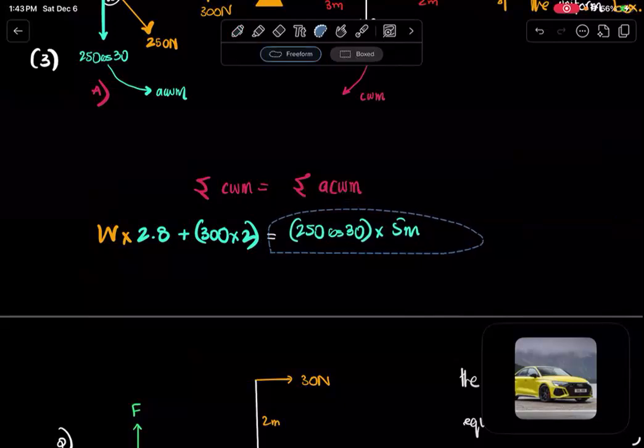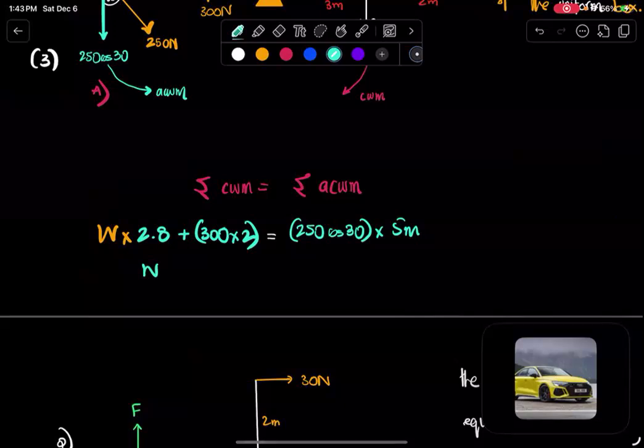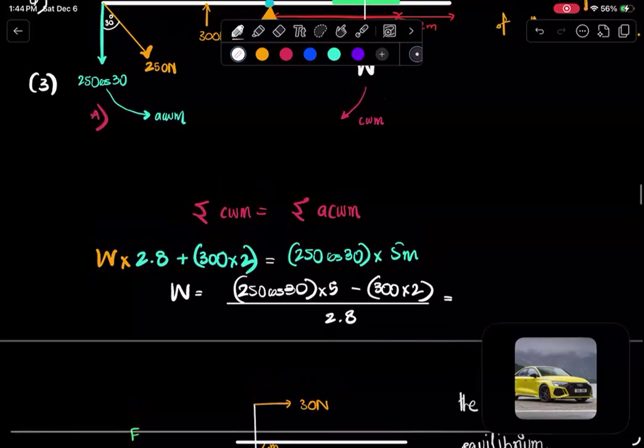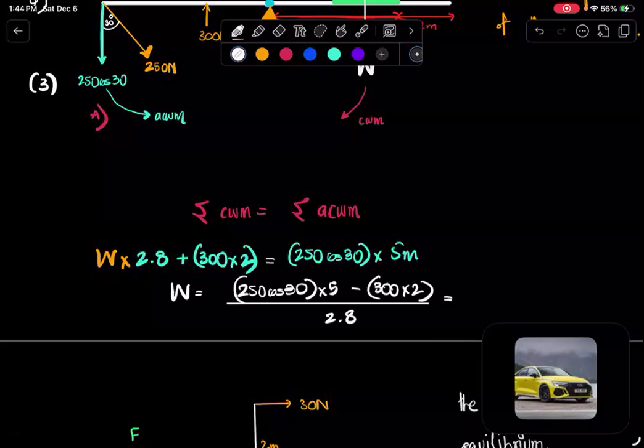With some algebra to figure it out, W is supposed to be 250 cos 30 into 5, minus 300 into 2, divided by 2.8. Whatever that is, that's going to be the weight of the block. Okay.